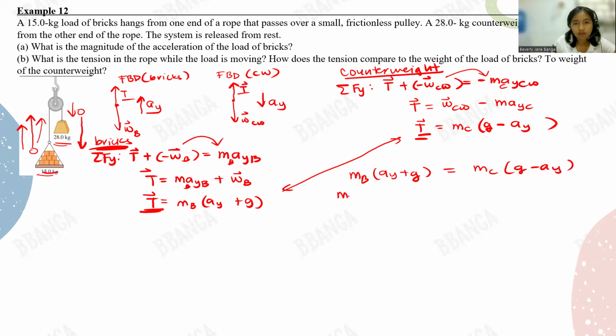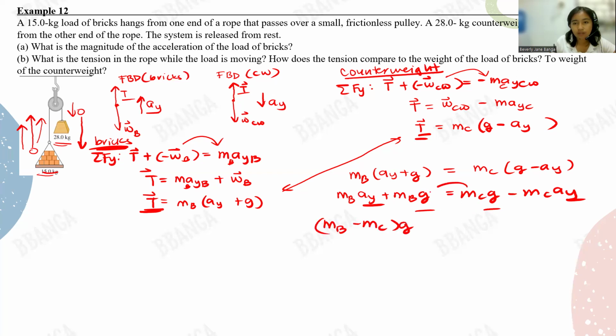So, this becomes MB times AY plus MB times G is equal to MC times G minus MC times AY. So, pwede kong pagsamahin lahat ng AY at pagsabahin lahat ng G. So, meron akong MB minus MC times G. So, lipat lang natin ito dito. Then, ito naman, lipat natin sa kabila. So, is equal to AY negative MB minus MC.